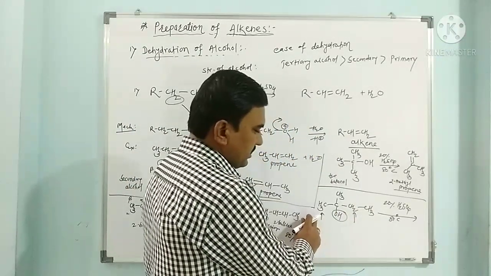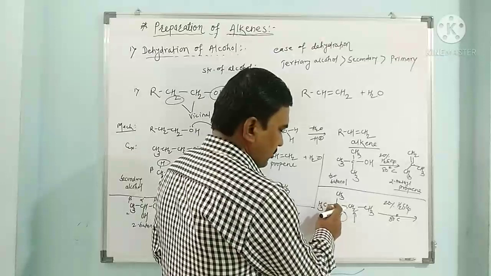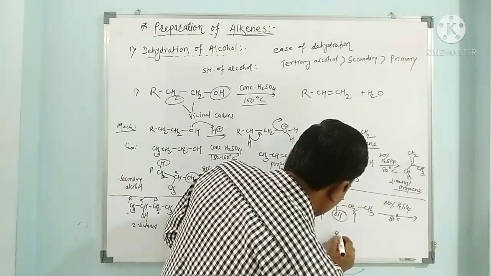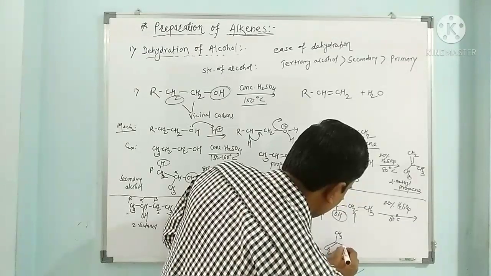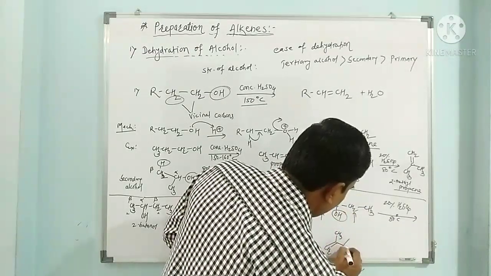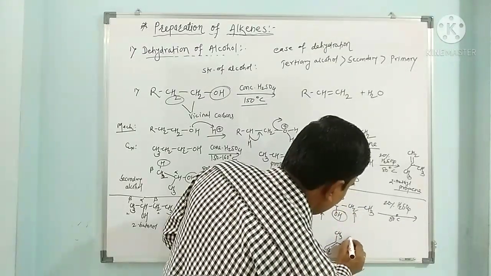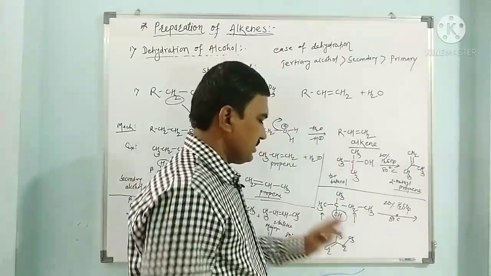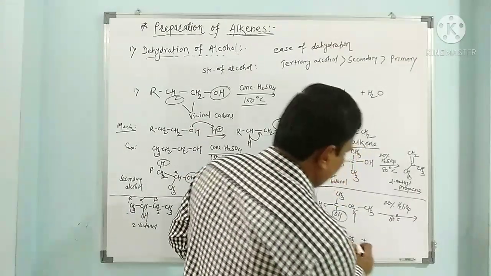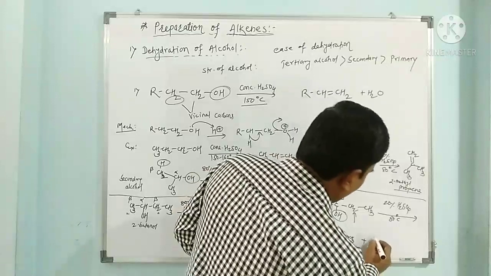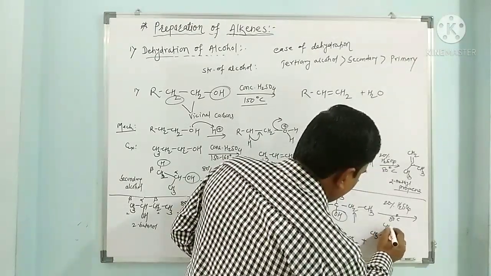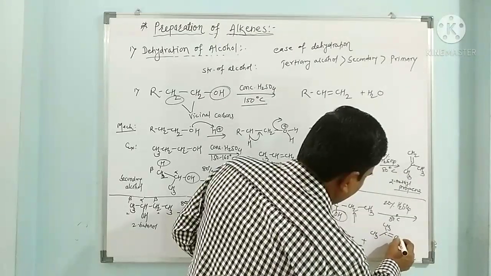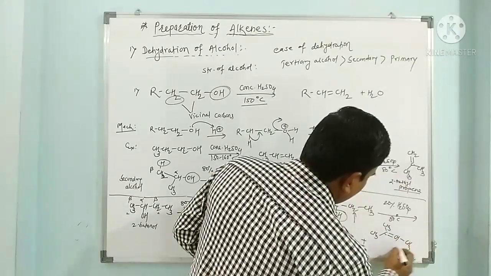If it is lost from this carbon, we get a double bond here: CH2=C(CH3)-CH2-CH3. The second double bond gets formed here: CH3-C(CH3)=CH-CH3.